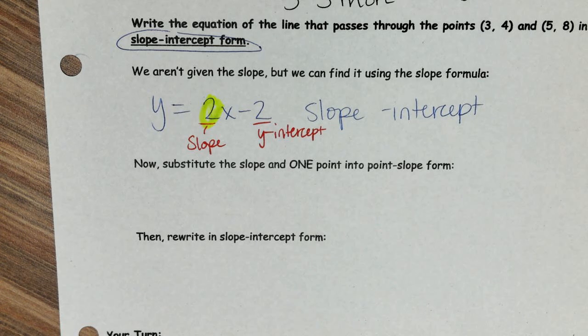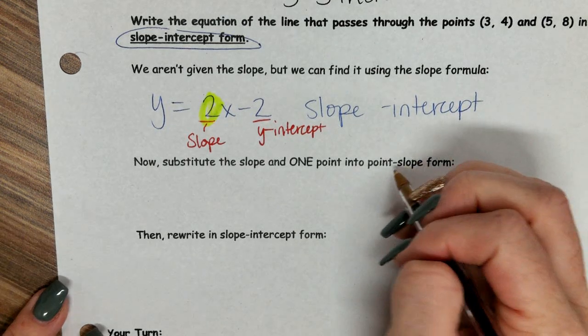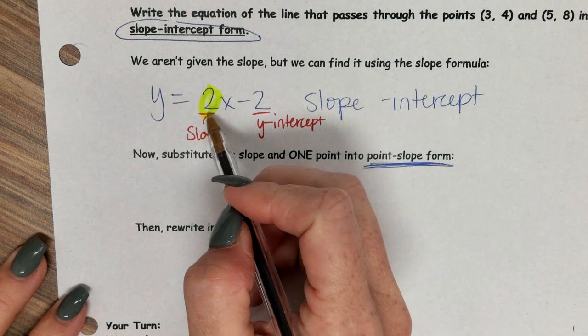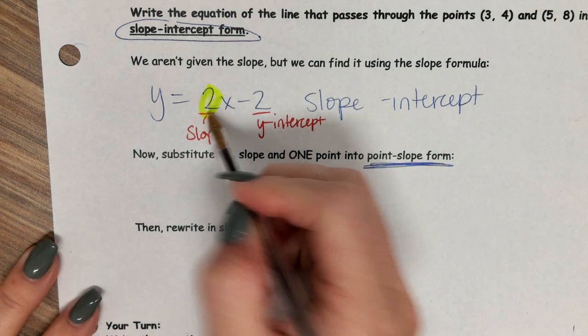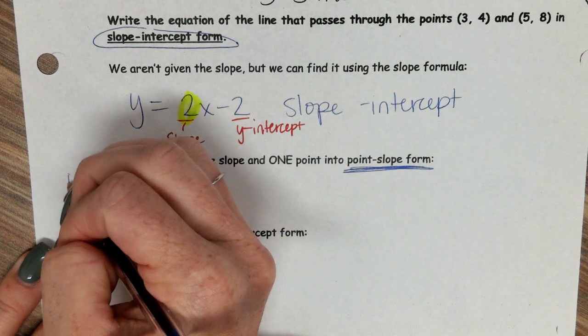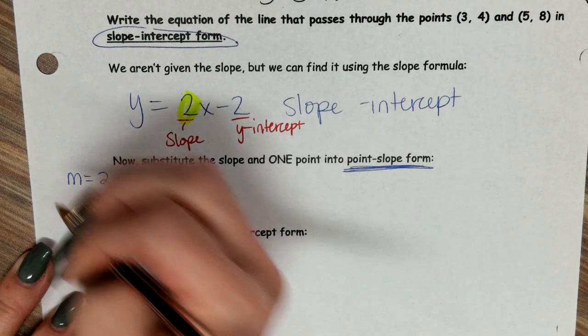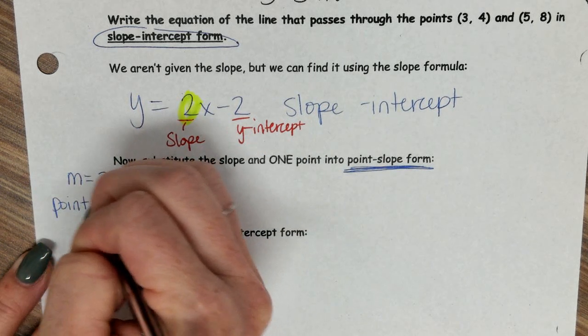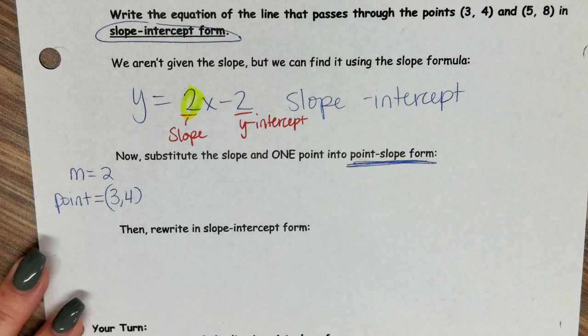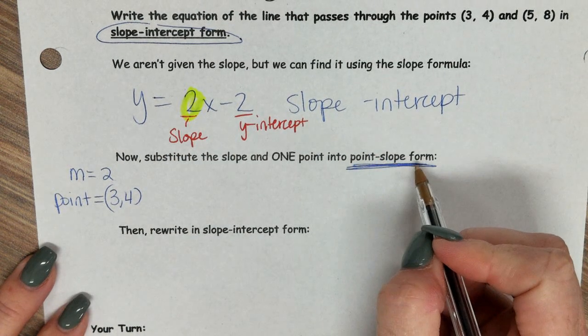Now they want us to put it into point-slope form. Well, we already know that the slope is 2, and we would only need to use one of those points. So the slope is 2, and which point do y'all want to use? 3, 4. All right, so we're going to put it into point-slope form.